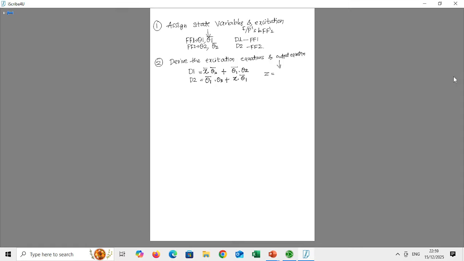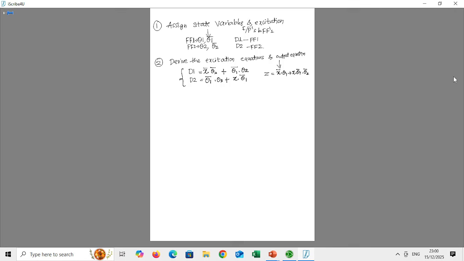Now the output equation also uses a similar method. Okay, so now we have got the excitation equations and output equations. We can see that all these equations use the present state outputs and the inputs.